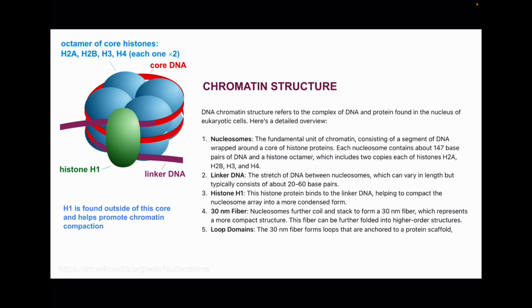This is a very important thing to know, that although you have the histones, the core, which is made up of H2A, H2B, H3, and H4, it's all compacted, and this whole structure is kept in a compact way by the help of H1. So that green little button over there, that's the H1 histone, and its job is to promote chromatin compaction.